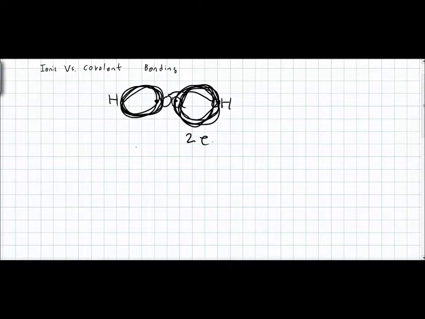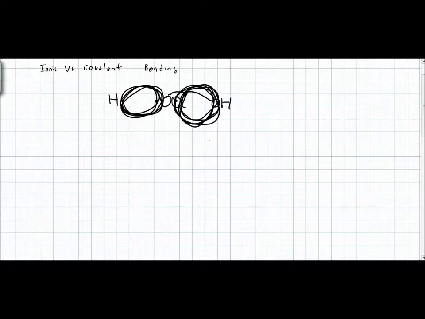And so we're going to draw water as O, and we're going to draw this line to H. This line represents 2 electrons. And so we have this other line to this hydrogen, which represents 2 electrons. And these electrons are shared.